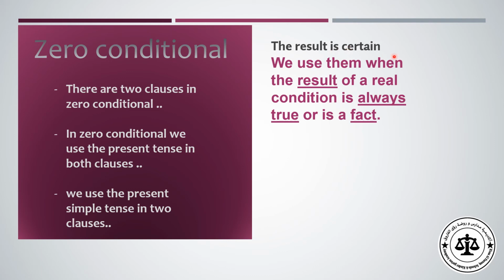The result is certain. We use them when the result of a real condition is always true or is a fact. These are the important notes that you have in our first class about the zero conditional structure. Now let's practice the first form of this structure by making exercises.